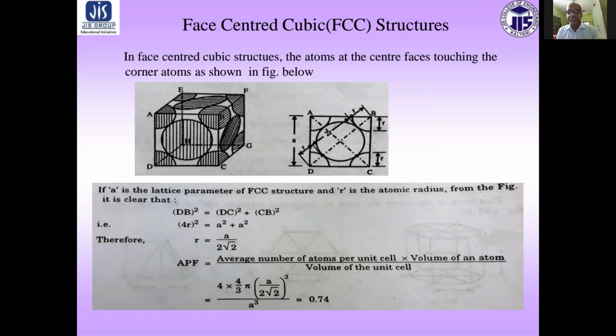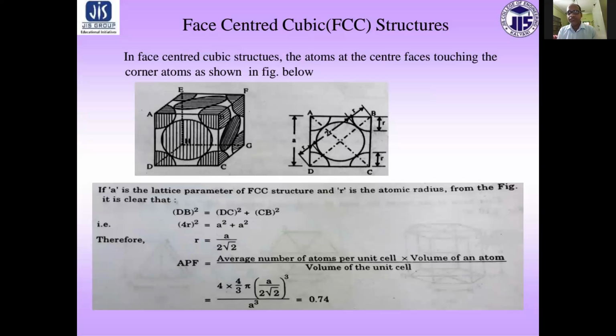Here a is the lattice parameter of the FCC structure and r is the atomic radius. From this figure, DB square is equal to DC square plus CB square, so 16r square is equal to 2a square. Therefore the relationship between the lattice parameter and atomic radius for an FCC structure is r equal to a by 2 root 2.